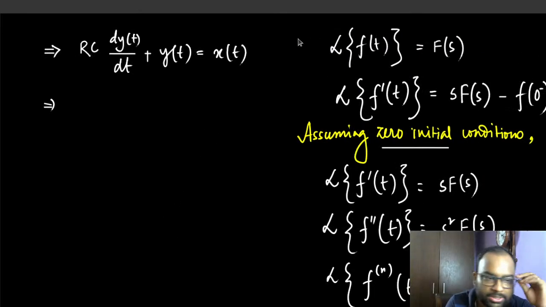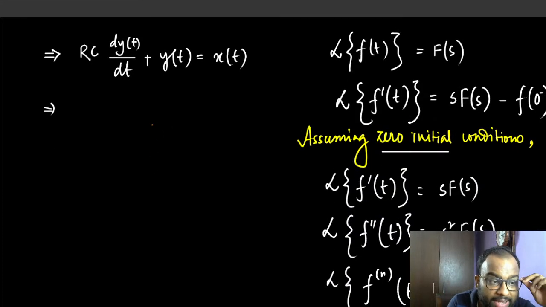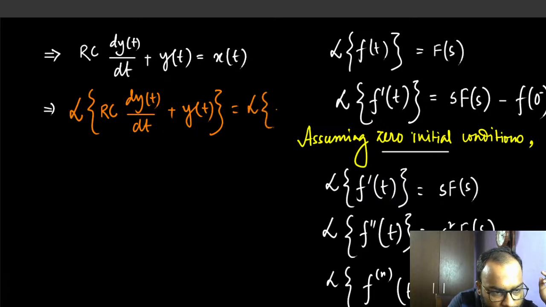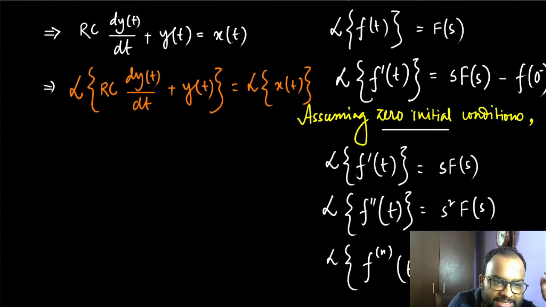Now if we consider that the Laplace transform of x(t) is X(s) and the Laplace transform of y(t) is Y(s), let's apply the Laplace transform on the whole thing.